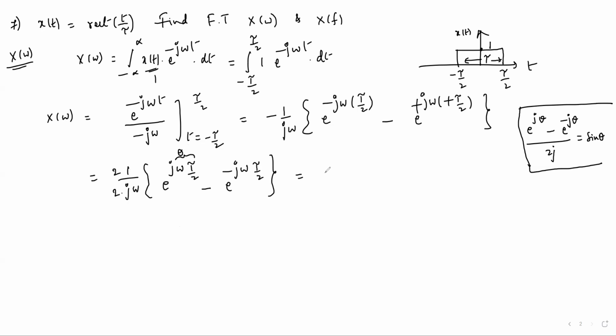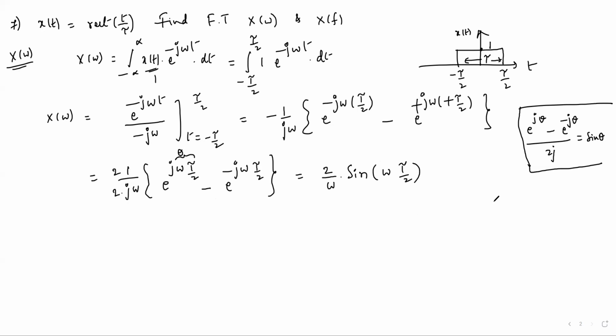So 2 divided by omega, and e power j theta minus e power minus j theta divided by 2j is there, which can be written as sin theta, meaning sin omega tau by 2.